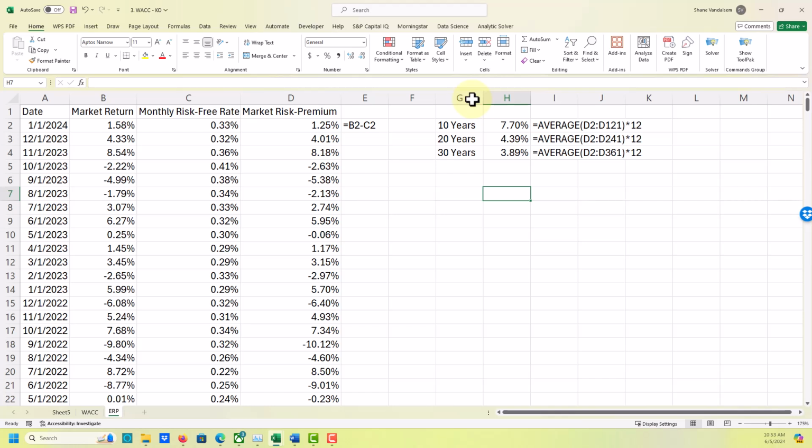That risk-free rate has gone back up from where it was for most of that 10-year period. So we got a big market risk premium here, in my opinion, because the risk-free rate was artificially low. The 20-year includes a lot of time where that wasn't the case, where we had more normal risk-free rates. And so for my purposes, I'm going to go ahead and use this 4.39% as the market risk premium.